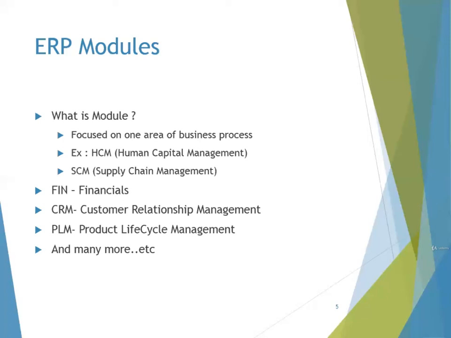You just enable whatever you want to enable, and of course they will have some kind of interrelationship between all the modules. When you use financial, you may require information from your subledger accounting, and you may require information from SCM, and SCM may require information from HRMS, and PPM may require information from HRMS also. So these modules have a logical group of information, and data flows from one module to another.